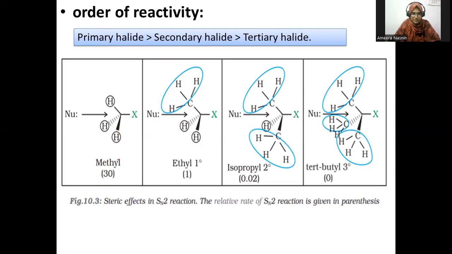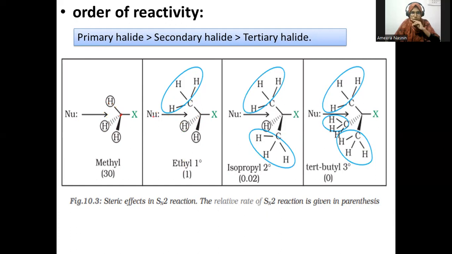So this is a methyl halide. Here, the nucleophile can approach the electron deficient carbon really easily because there are only hydrogens attached to this carbon and there isn't much steric hindrance experienced by this nucleophile.